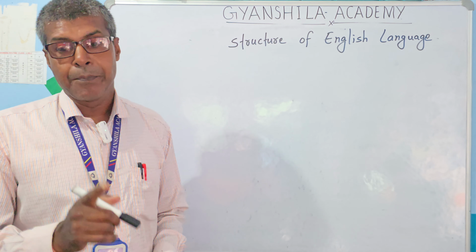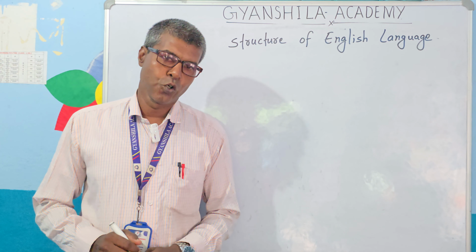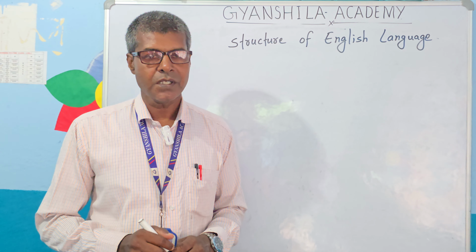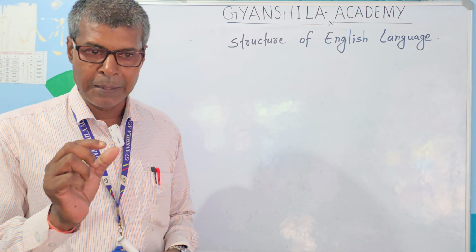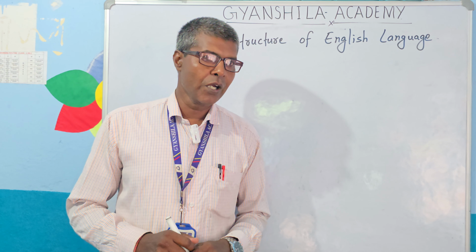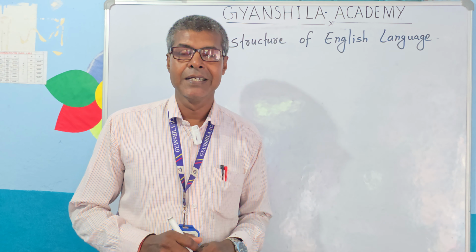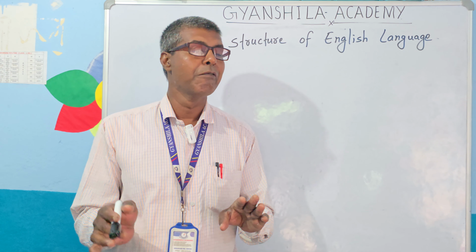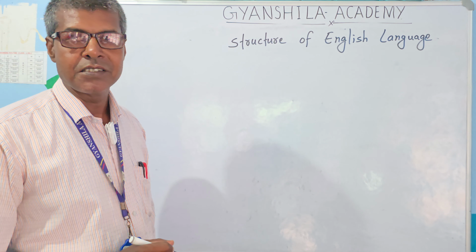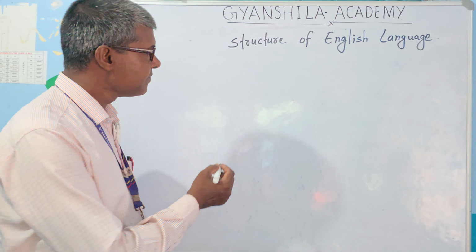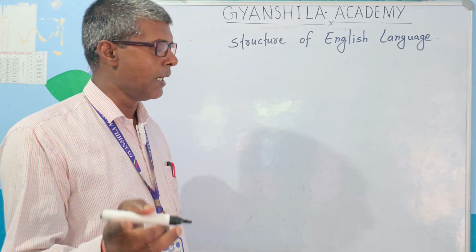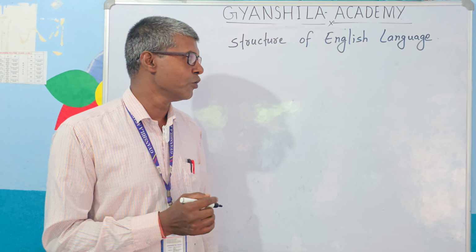Remember the previous video in which I told you how words are formed. Words are formed from syllables, and I also told you how words are classified on various grounds or bases. There were four such bases. Three we have already discussed, and the fourth one I am going to discuss in this video.